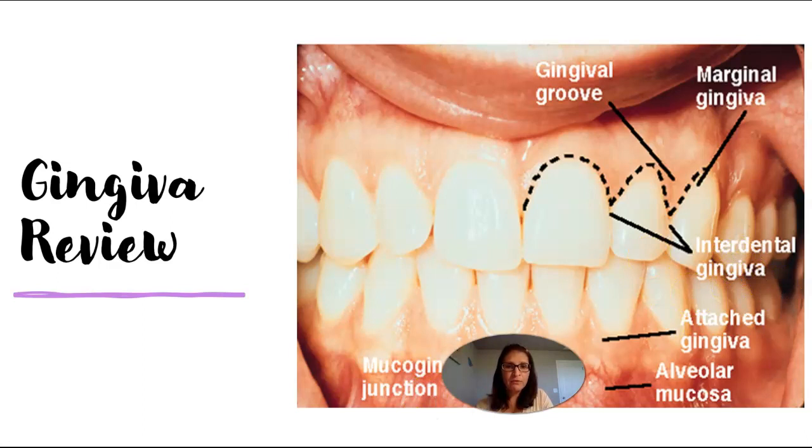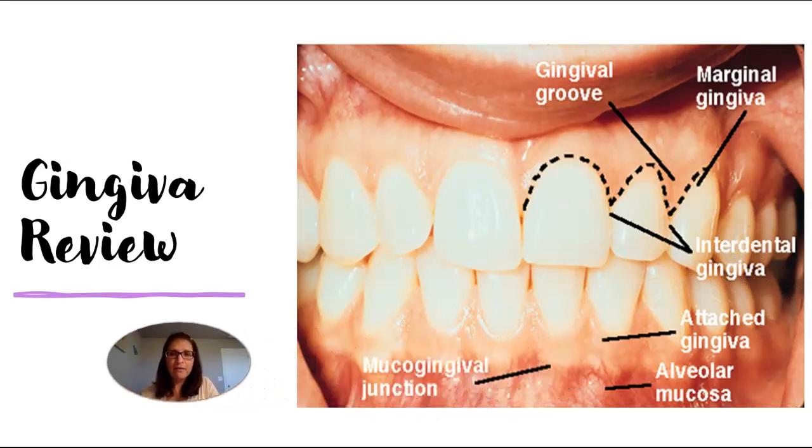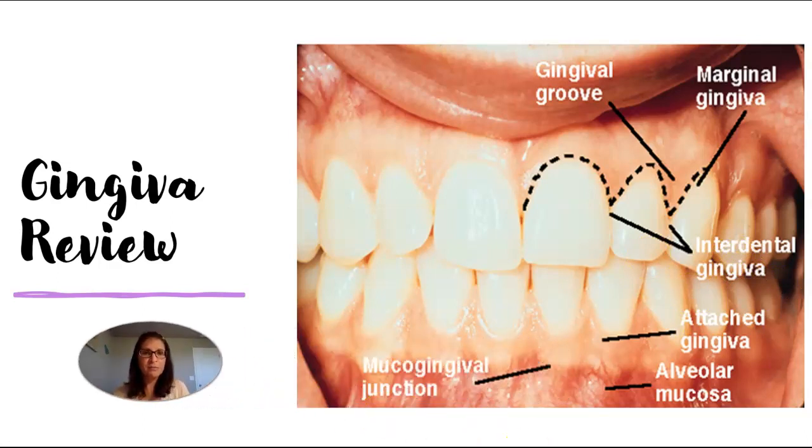So a little bit of a review here. We have the gingiva, and for some of you who just finished with 121 last semester, this should look very familiar to you. And for those that maybe it's been a semester or longer, hopefully you still remember it.